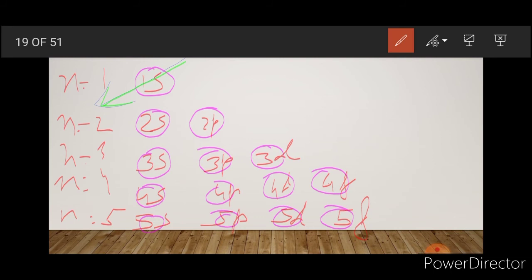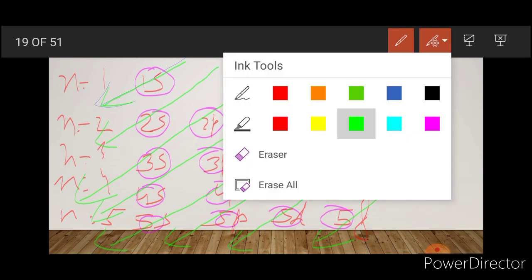Make an arrow cutting 1s, another arrow which is coming and only cutting 2s, a third arrow which is coming and cutting 2p and 3s, next arrow 3p and 4s, next 3d 4p 5s, next 4d 5p, next 4f, and it will go on ahead like this.